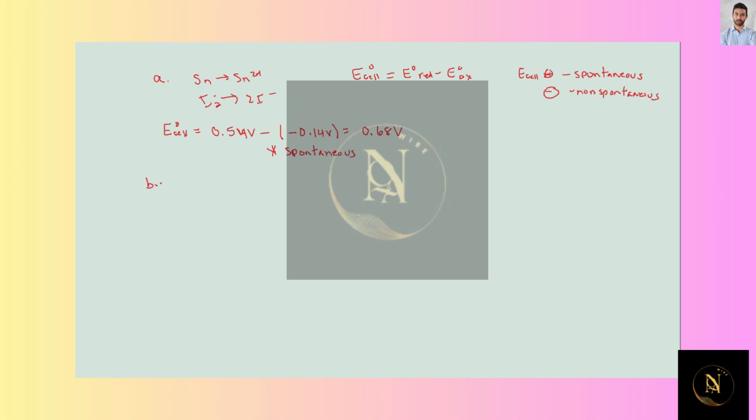In question B, we are looking at the reduction of Ni2+. So my reduction reaction is going to be Ni2+ to Ni, and the oxidation reaction we're looking at is I- to I2.